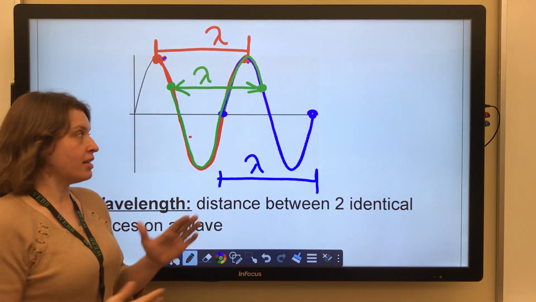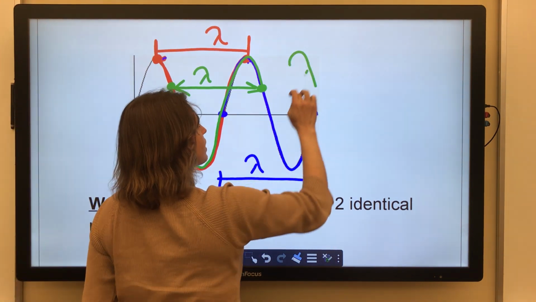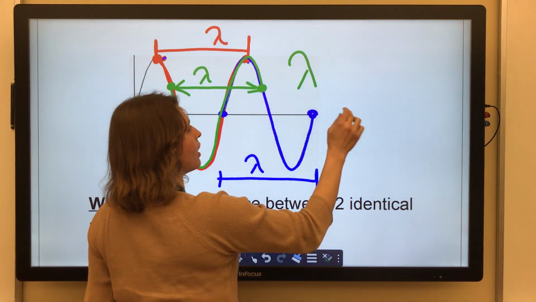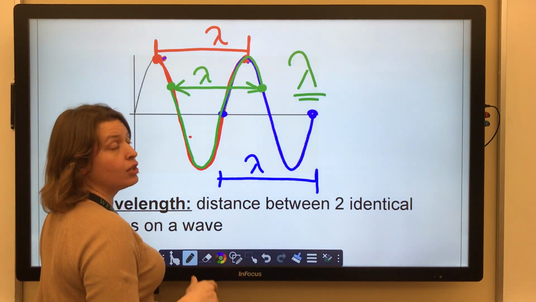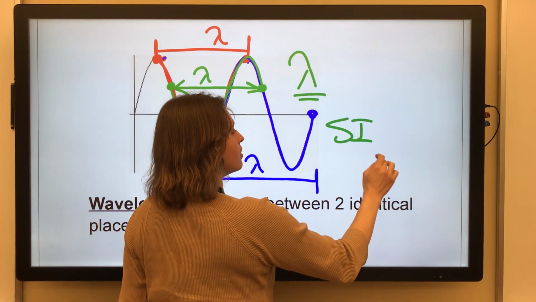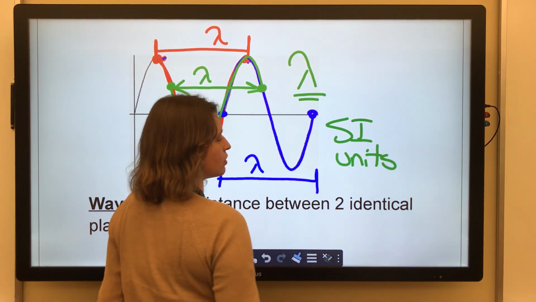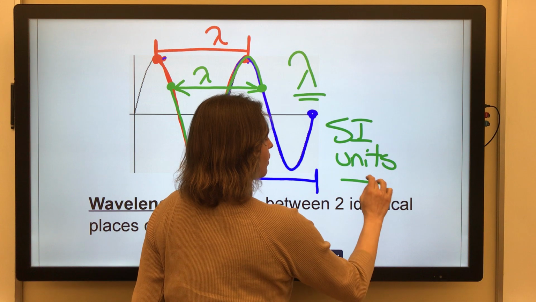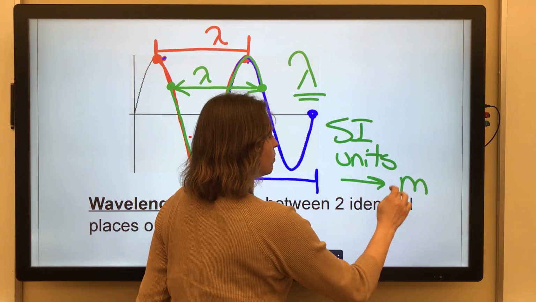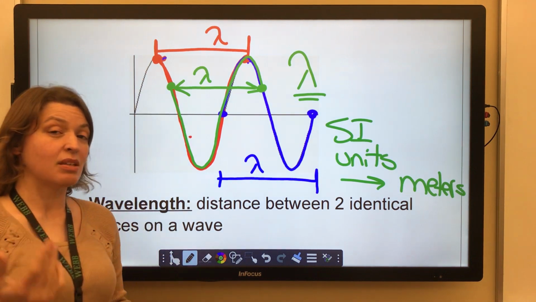Our wavelength is very much a measure of length, and so when we use that symbol lambda to represent wavelength, we typically use SI units of length to describe it. So our SI unit of length would be meters. So we measure our wavelength typically in meters.